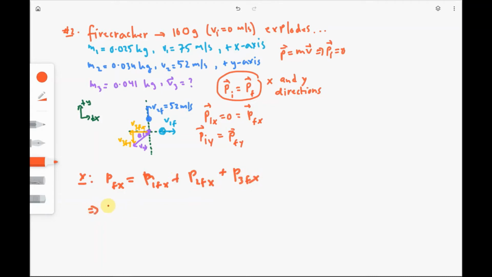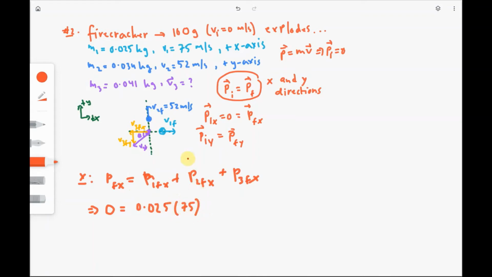We know so far that total final momentum in the x direction is 0. And what is the P1 final x? P1 final x is just m1 times v1 final, which is completely in the x direction. That is, m1 is 0.25, sorry, times 75 meters per second.